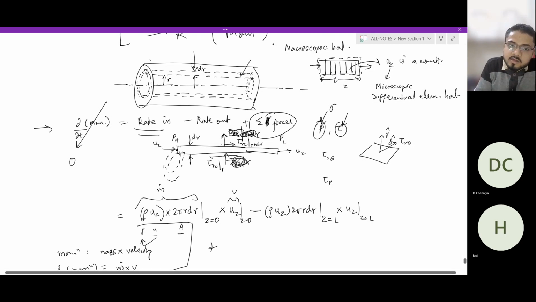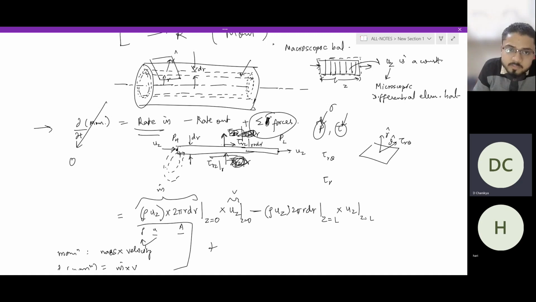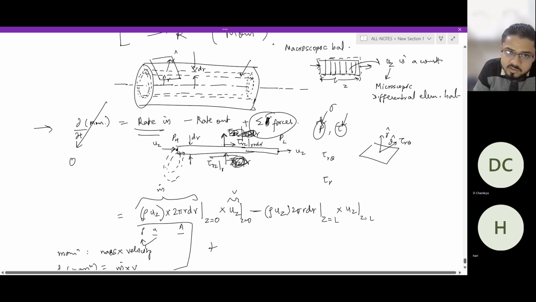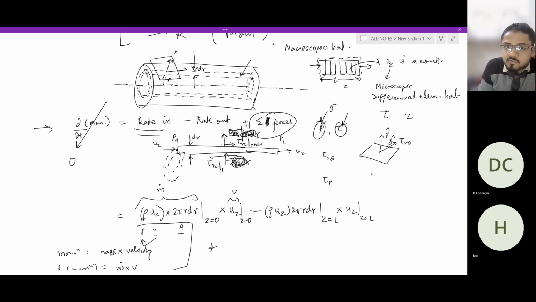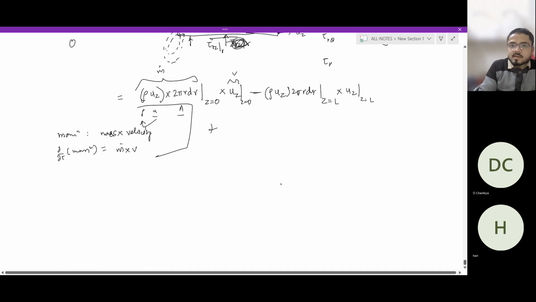The r plane is a plane that is tangential to this one, right? So if you consider a plane that is tangential to this differential element, and you consider a tau value that is in the z direction, however, it is on this plane. So this would imply that this aligns somewhere like this, right? The plane is the tangential plane, but it aligns in the z direction.